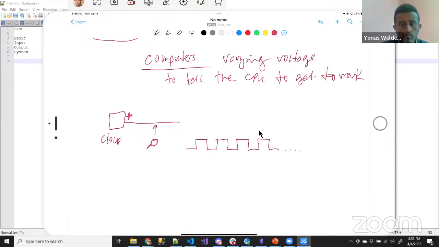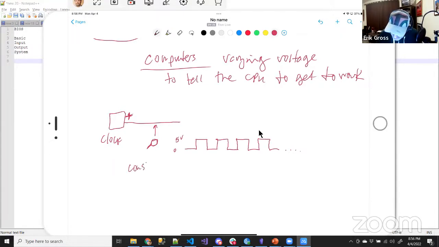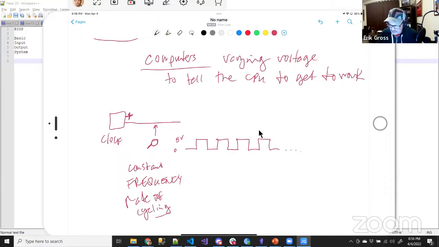The top of this could be 5 volts and the bottom could be 0. But here's the important point. This is a constant frequency. The rate of cycling is constant, does not vary.